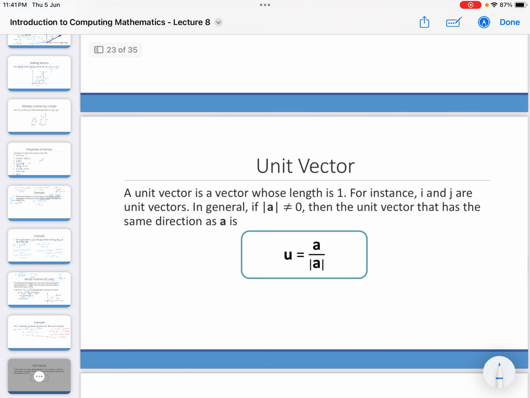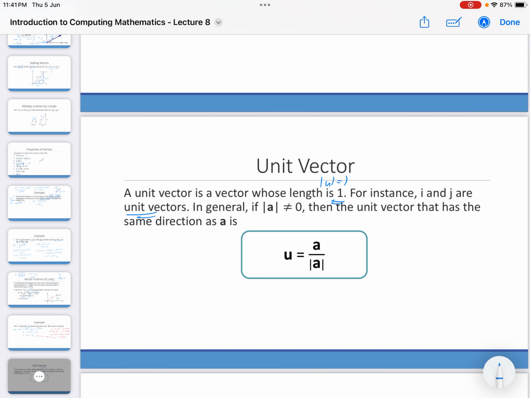So next we will look at unit vectors. A unit vector is a vector whose length equals 1. So the magnitude of the vector will be equal to 1. For instance, i and j are unit vectors because the magnitude is equal to 1.